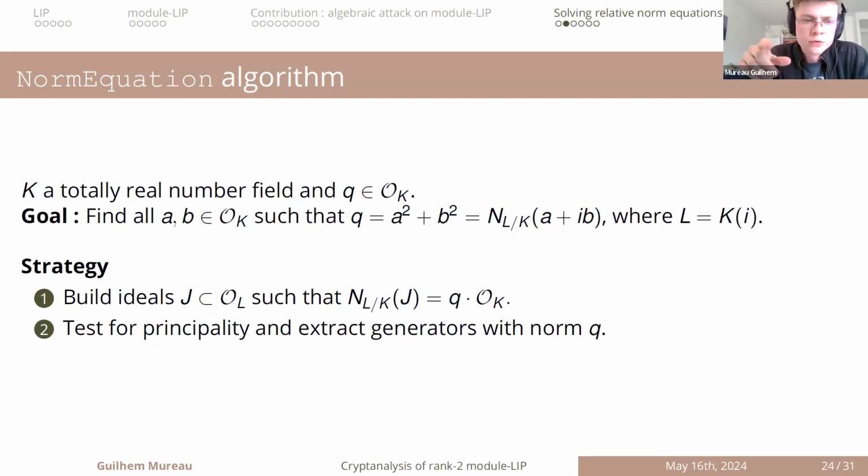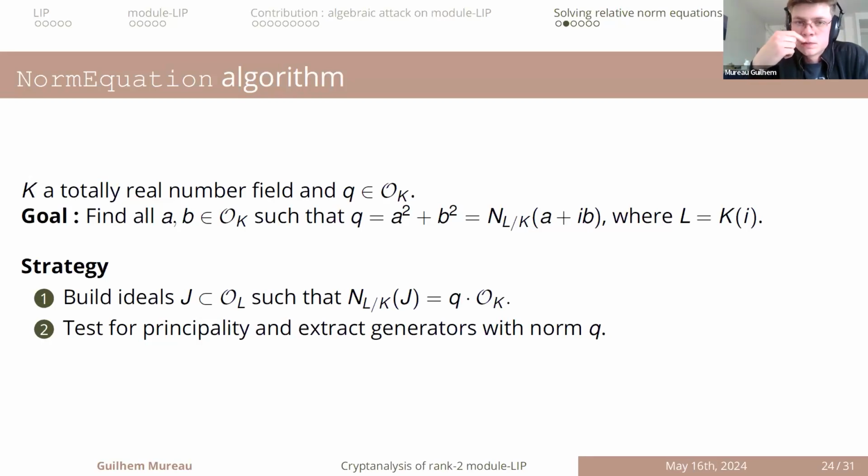First, we look for the ideals in O_L, the quadratic extension, which have relative norm qO_K, what we want. And then on each of these ideals, we will check if they are principal and try to extract a generator with the good norm.